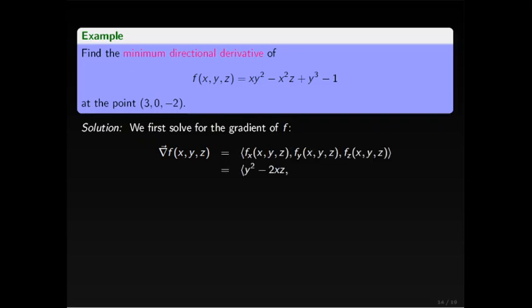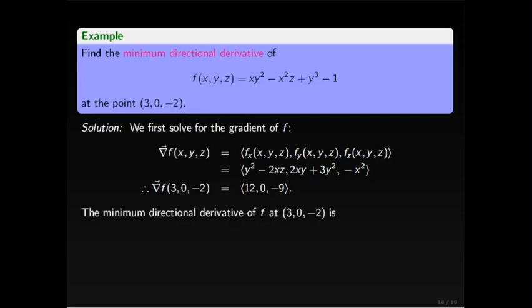And this is just y squared minus 2xz for the first component, 2xy plus 3y squared for the second component, and negative x squared for the third component. At the point (3, 0, -2), this vector is (12, 0, -9).